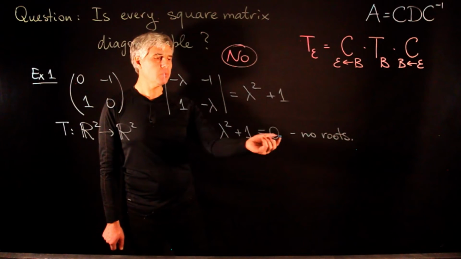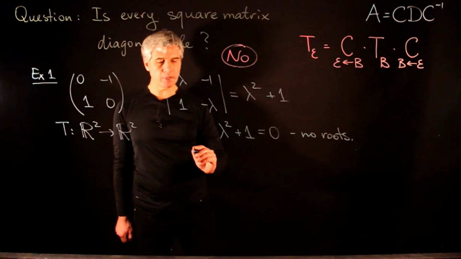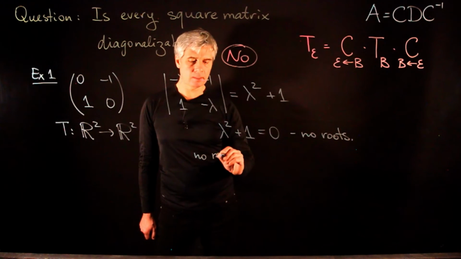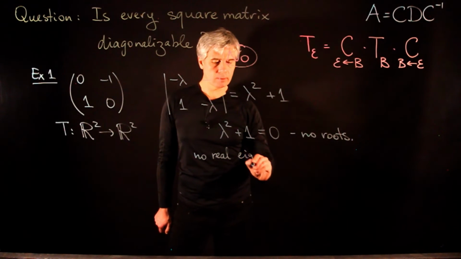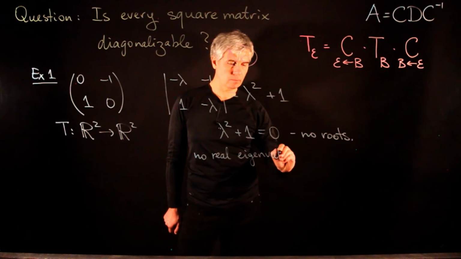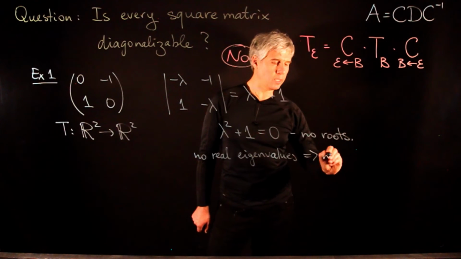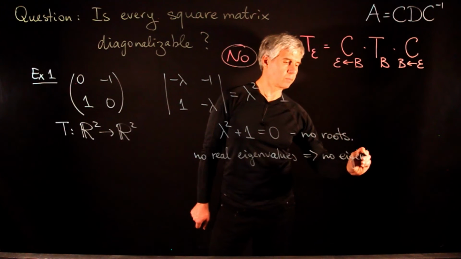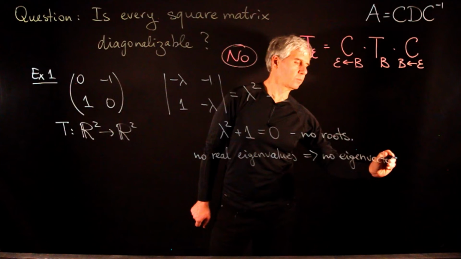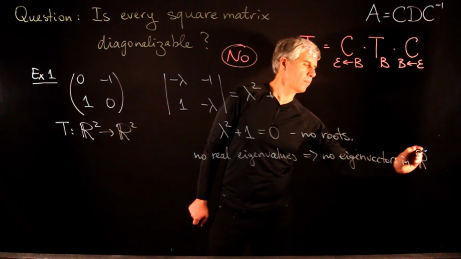And since we have no roots, we have no real eigenvalues, and thus we have no eigenvectors in R2.